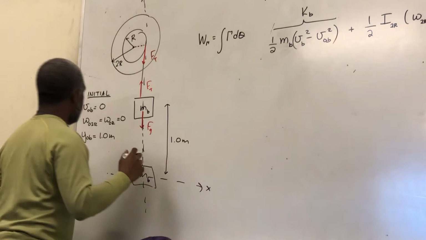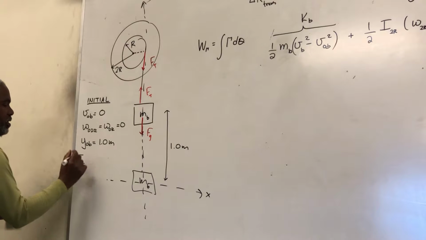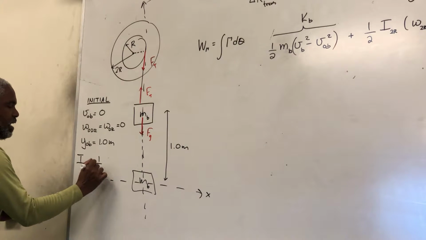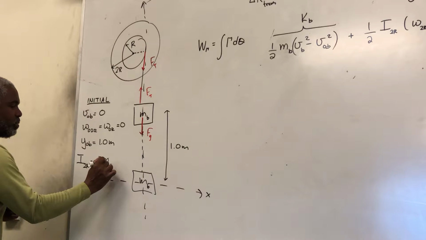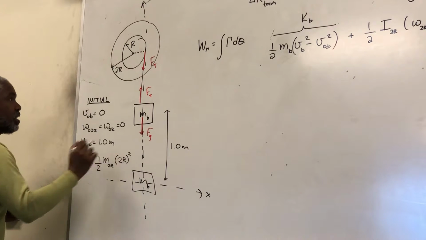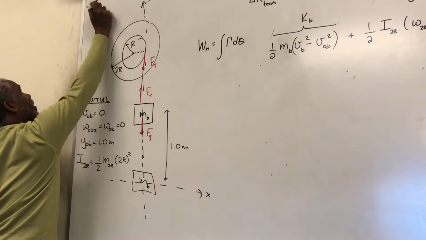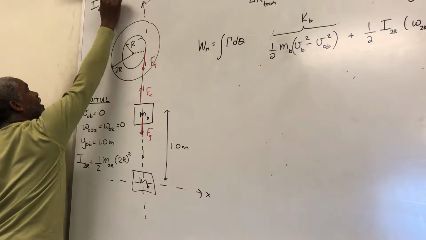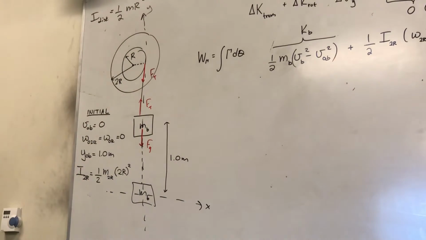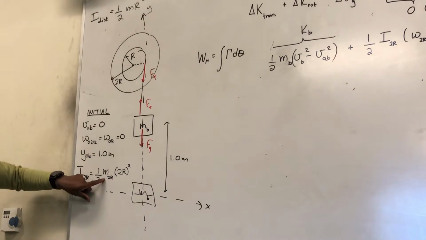And we'll say the rotational inertia of the 2r disk is 1/2 mass of the 2r disk times 2 times the radius squared. Where do I get that from? Well, I remember that the rotational inertia of a solid disk is given by that formula. So this is 1/2 the mass.